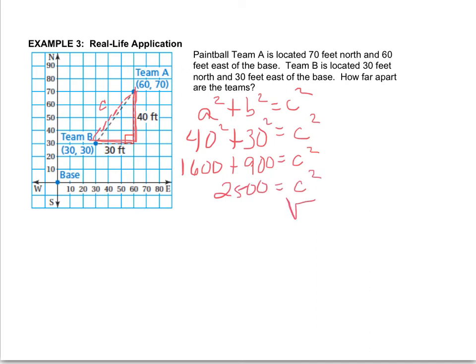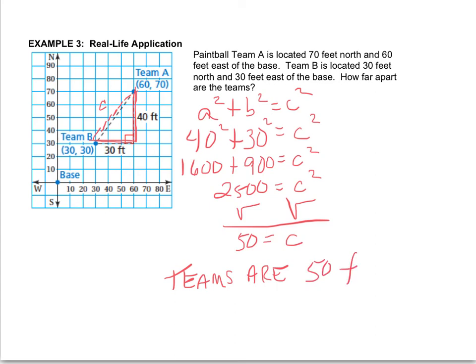Now notice when I take the square root of this one, c is going to be equal to 50. So these two teams are 50 feet apart.